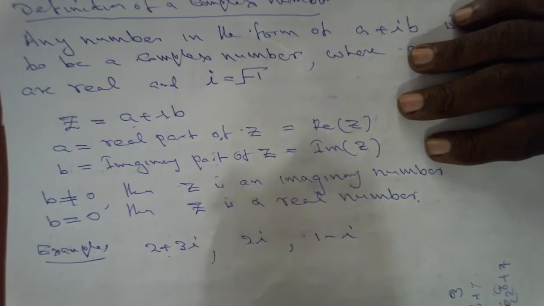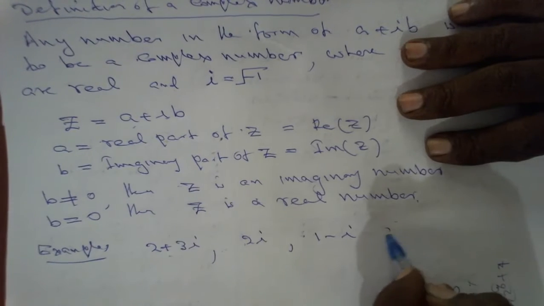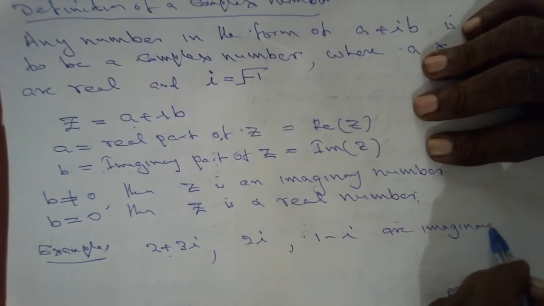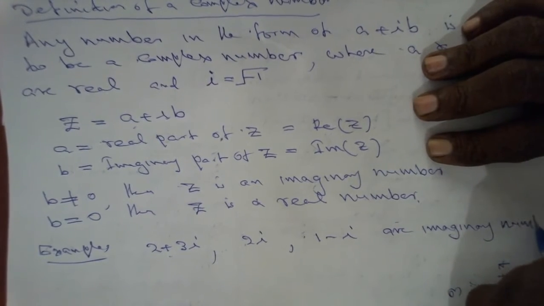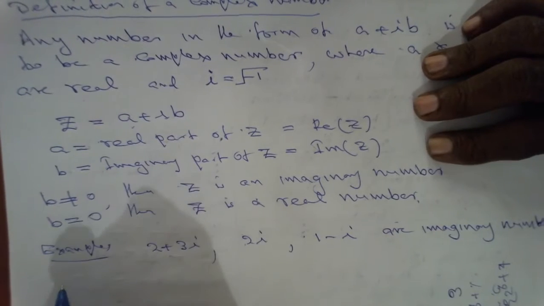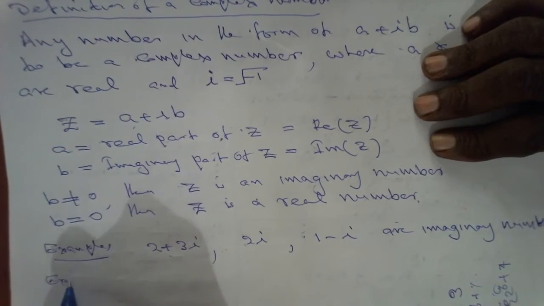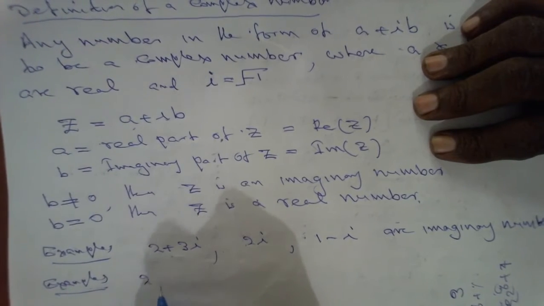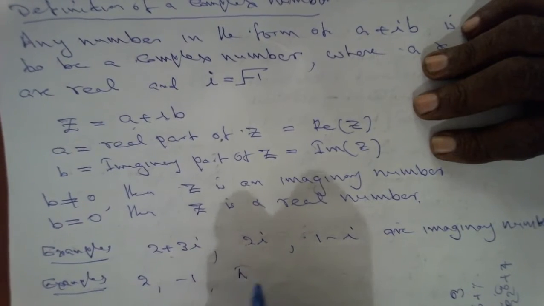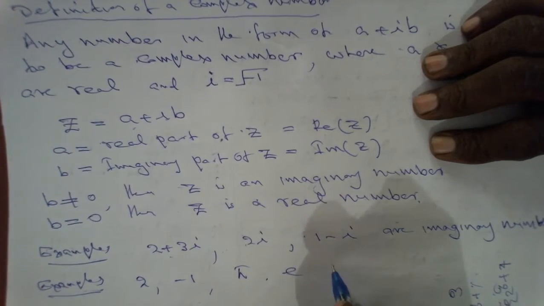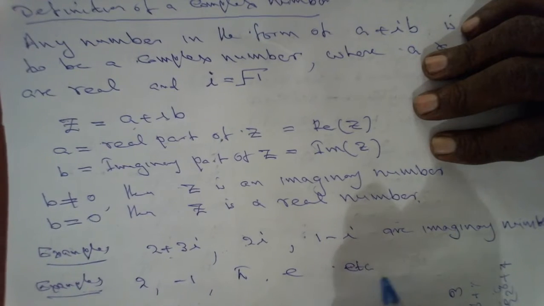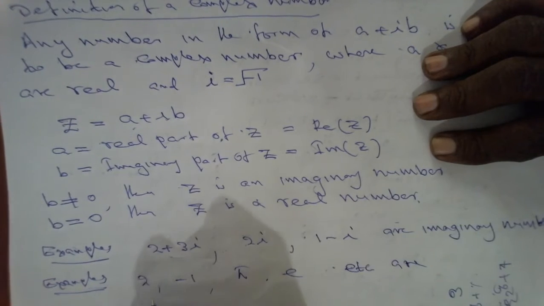All these are imaginary numbers. Then examples: 2, minus 1, 5, e, etc. are real numbers.